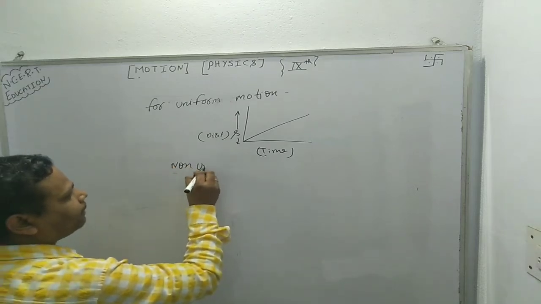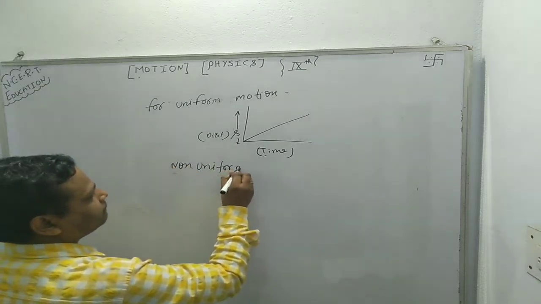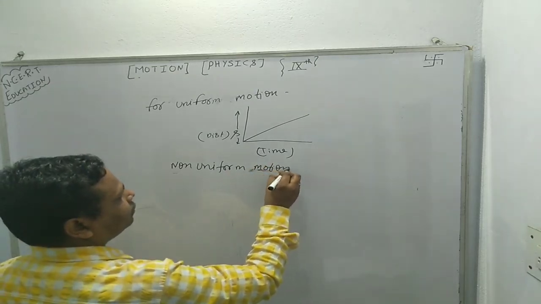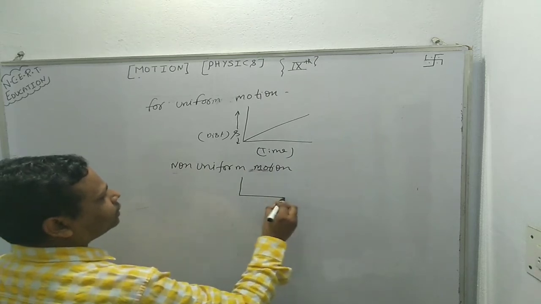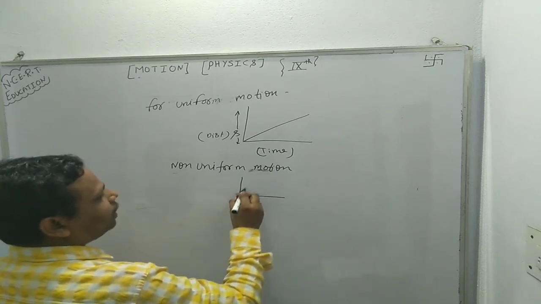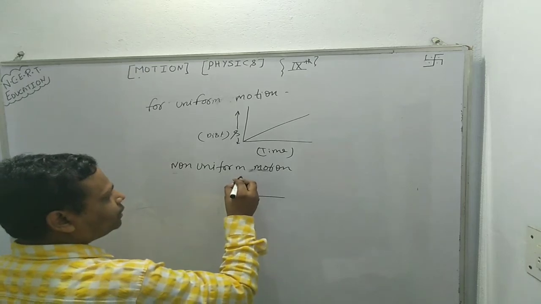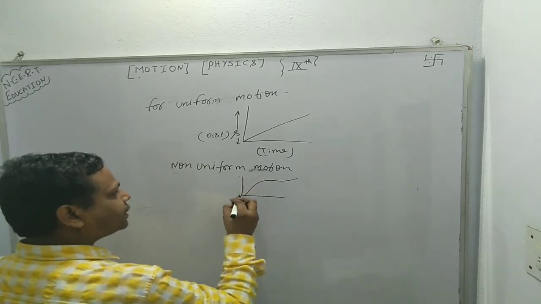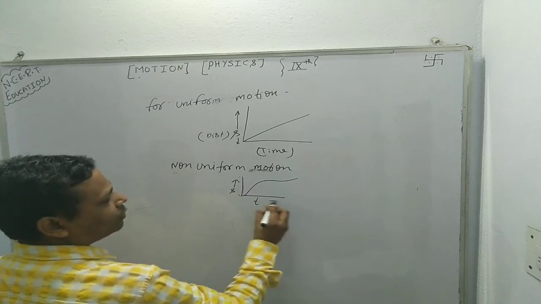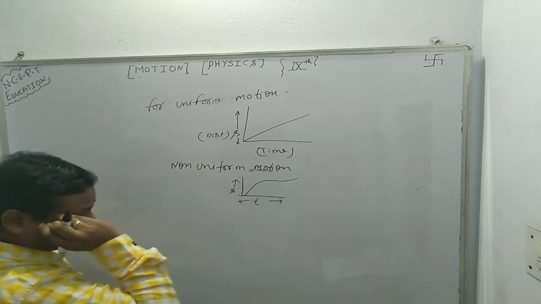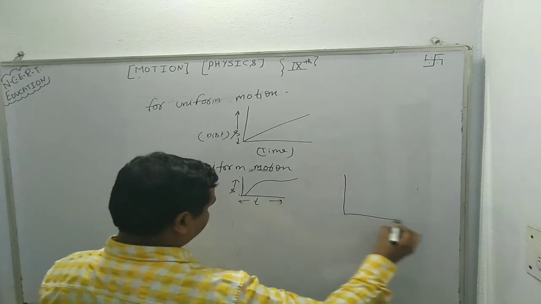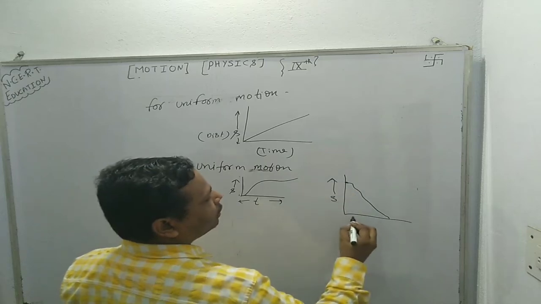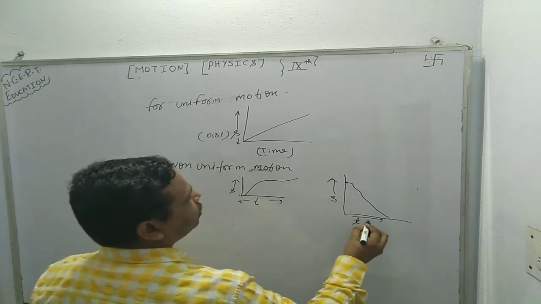For non-uniform motion, you will always get an irregular line. Irregular line means if the graph increases, it is accelerated motion, and if the graph continuously decreases, then it is said to be decelerated motion.